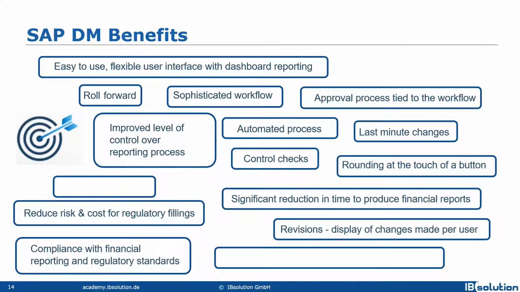You have full visibility of all the revisions that you made, and you can check line by line what's the difference between versions. And the beauty of it is as well that you have all the data you require in one place. Right, so this was an overview of DM. Let's proceed on to the next one.